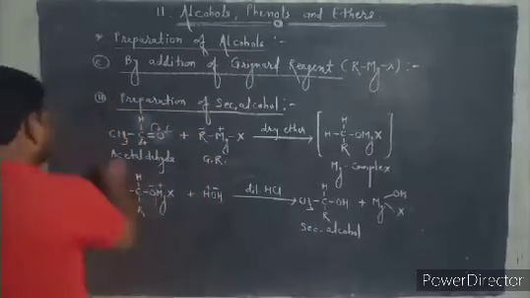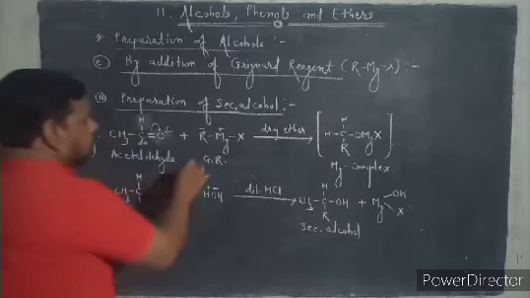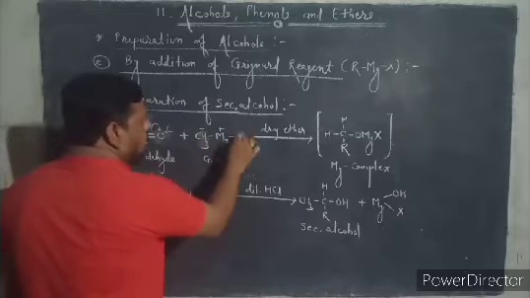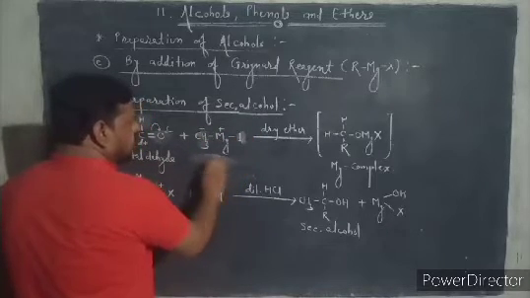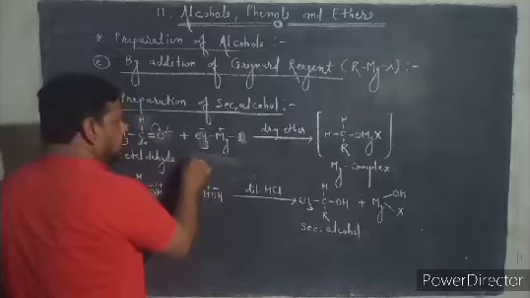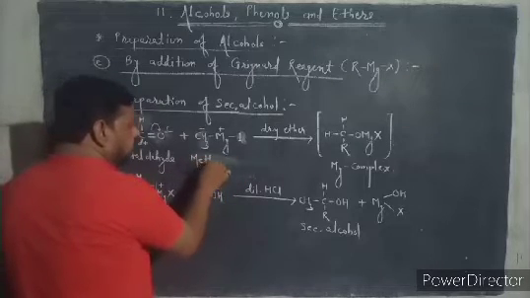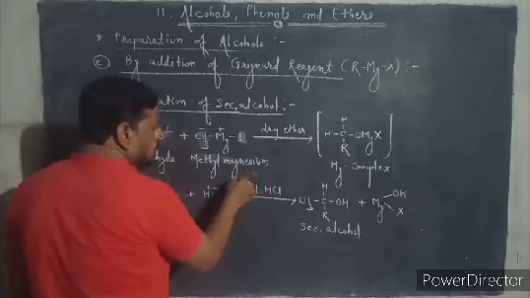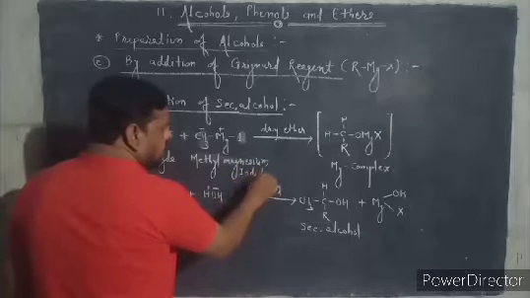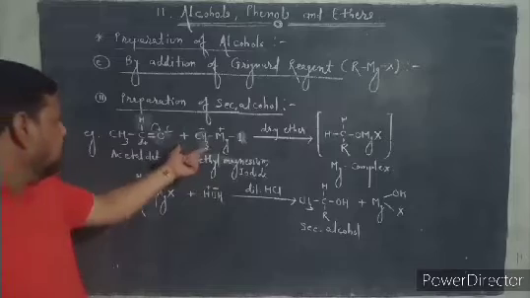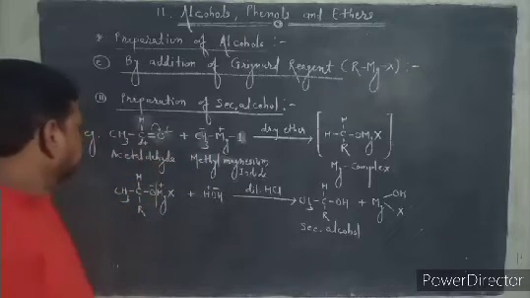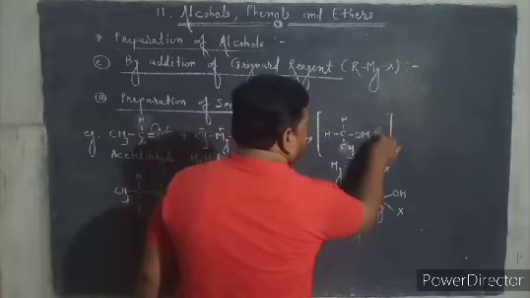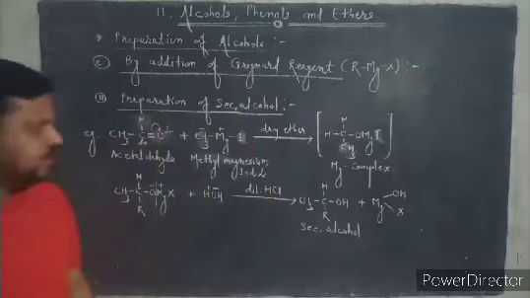Then we discuss an example. See here, CH3MgI, that is an example of Grignard reagent, methyl magnesium iodide. This methyl magnesium iodide reacts with acetaldehyde and it gives, in this way, the magnesium complex.